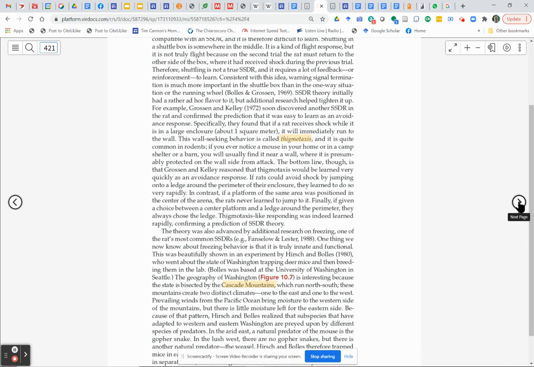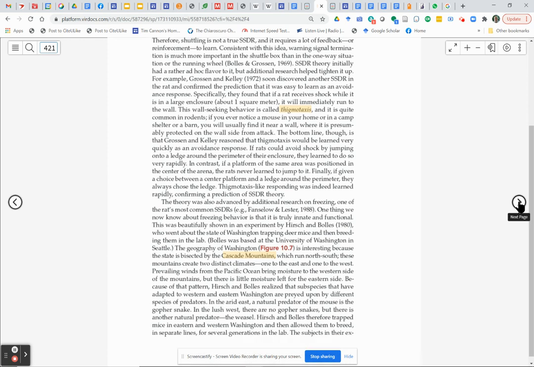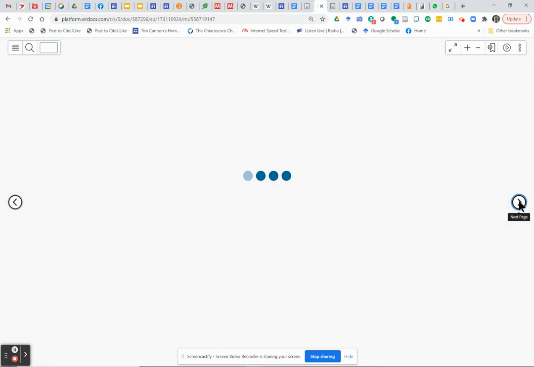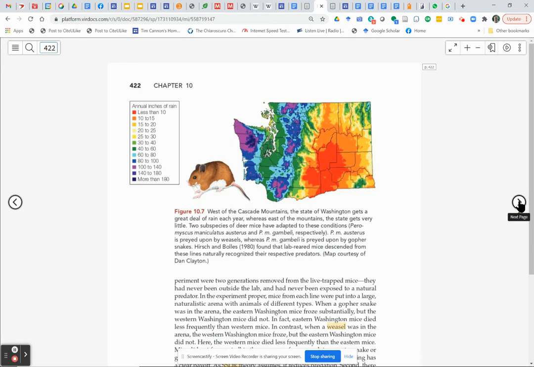Now, the next piece of research is brilliant. Bolles was in Washington State, and they have the Pacific Ocean on the west, and running sort of down the middle, they have the Cascade Mountains. To the east of the Cascade Mountains, it gets flatter and drier.